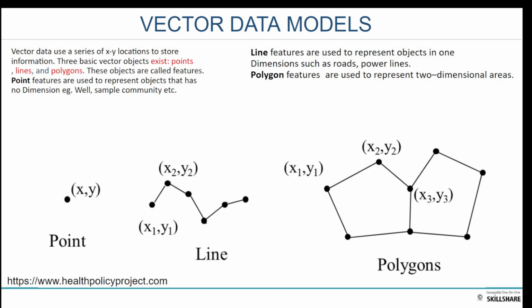You would find x and y, and a series of x and y can connect together to be a line, and if the series of x and y encloses itself, it ends up becoming a polygon. Now we do represent features like roads, pipelines, or power lines as lines. We try to capture features such as buildings and plots of land as polygons because they enclose each other.